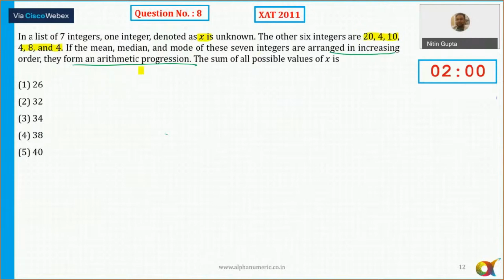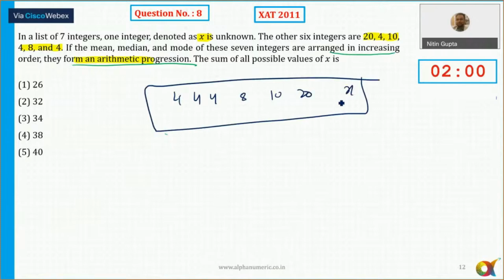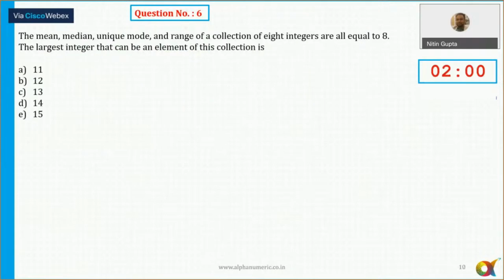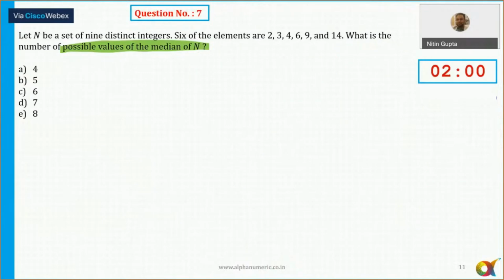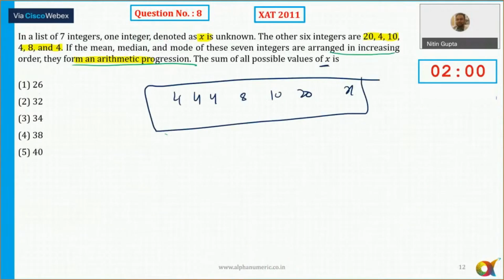The beauty of this question is that the data sets are triple 2, 4, 5, 10, x.